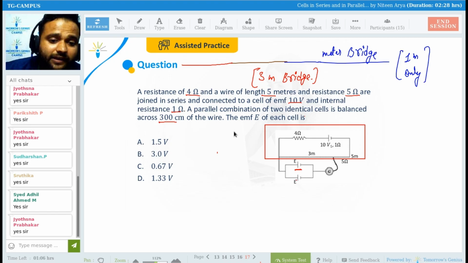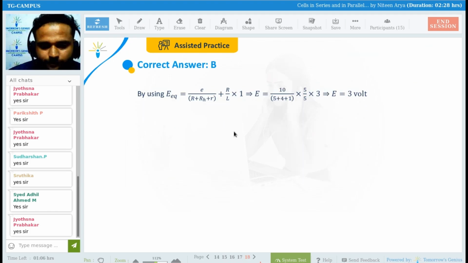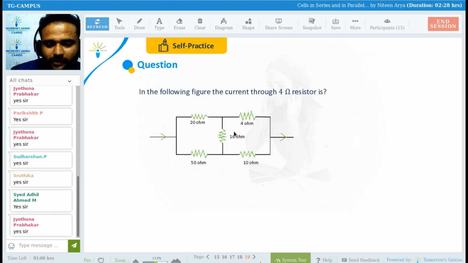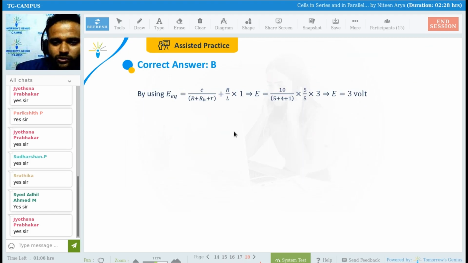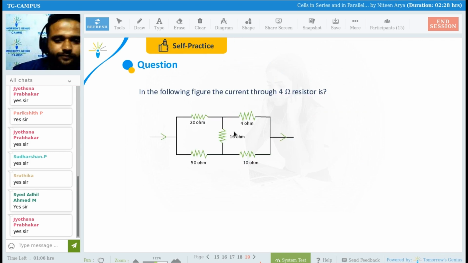But if anyone can still solve this, tell me. Okay, sure, I'll move to the next question. We can solve this after understanding the potentiometer concept. This is page number 17. Even if I tell you this answer, the explanation is going to be a little complex. Now this one is easy.